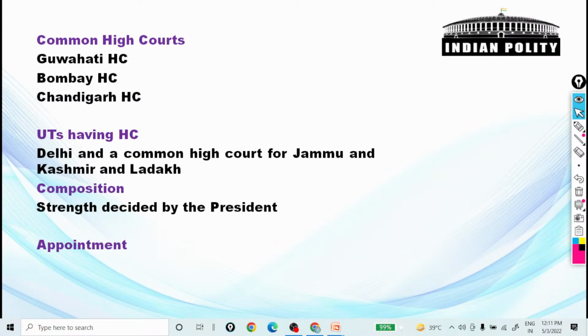So you can see that there are three Common High Courts at present: Guwahati High Court, Bombay High Court, and Punjab and Haryana High Court, or Chandigarh High Court, I can say. These are Common High Courts because there are several states under them.